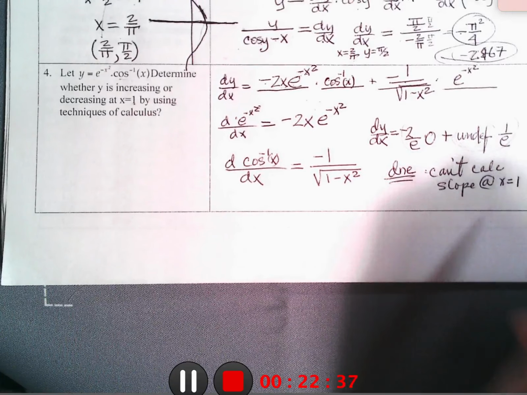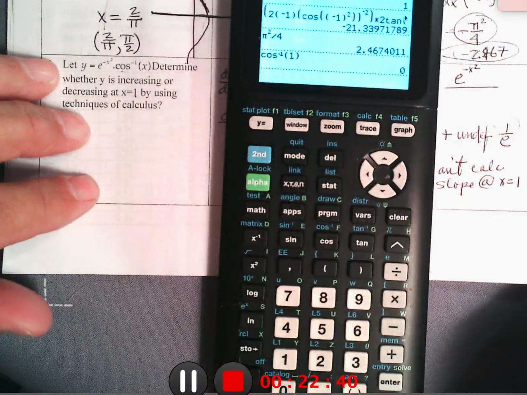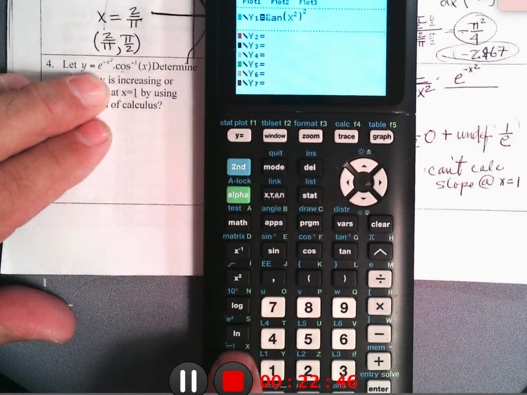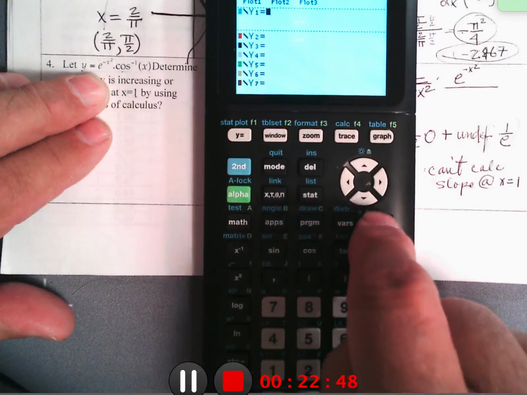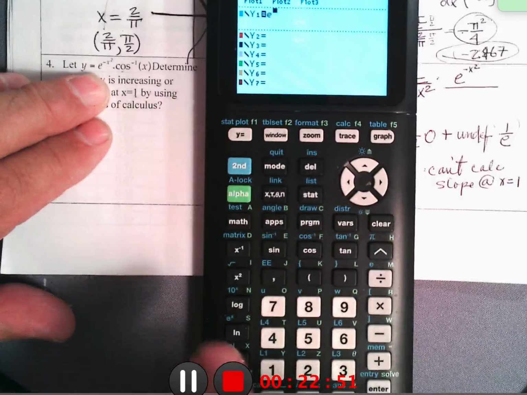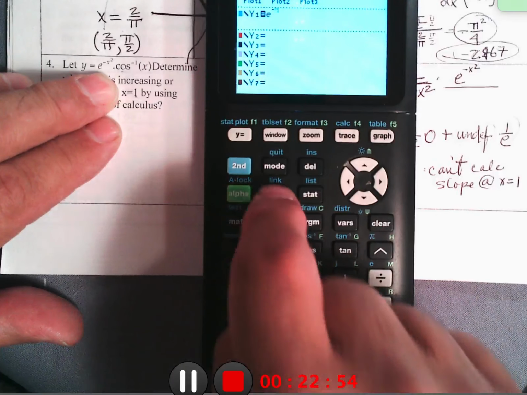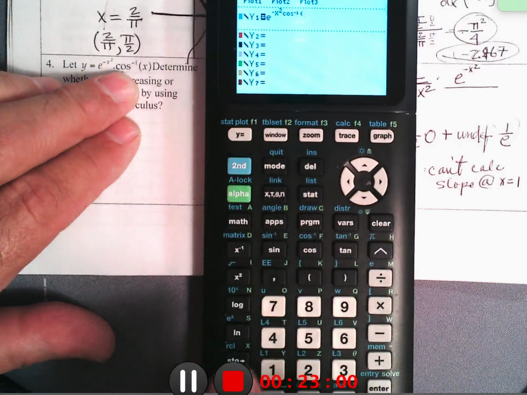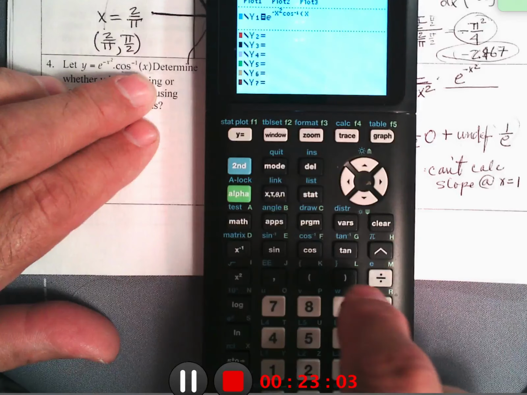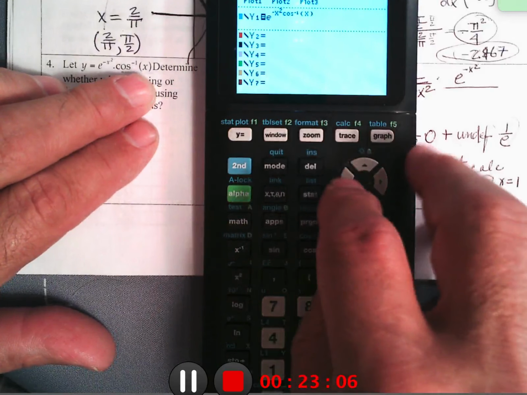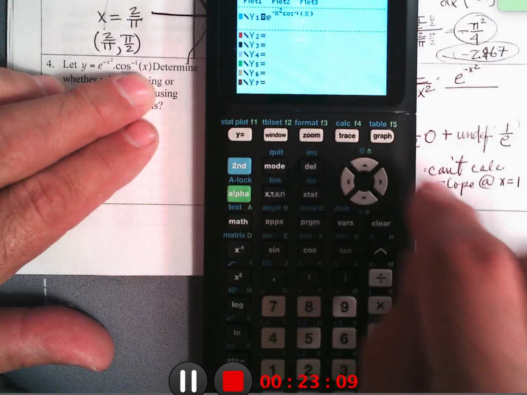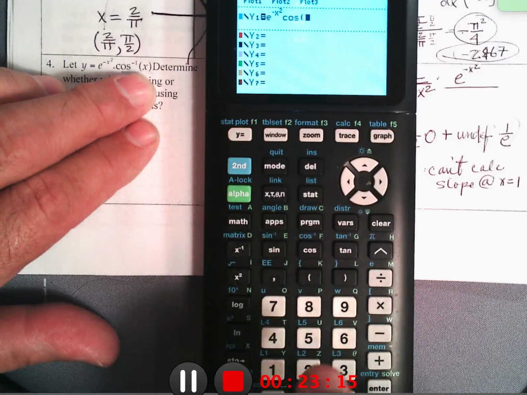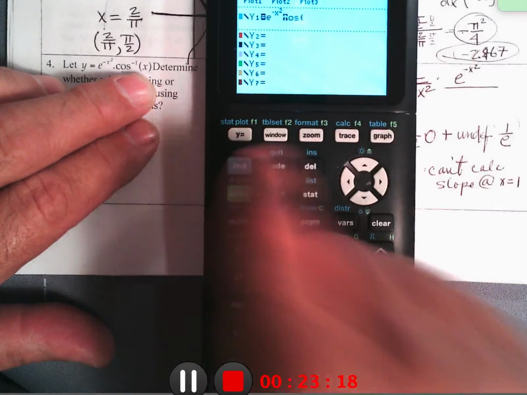Let's take a look at y. So let's go here and clear, and enter e to the negative x squared times cosine inverse of x.